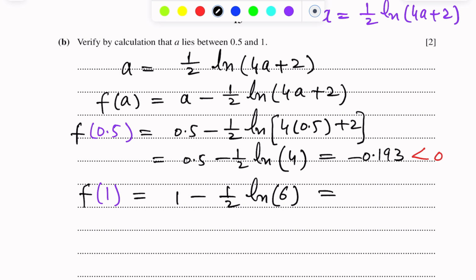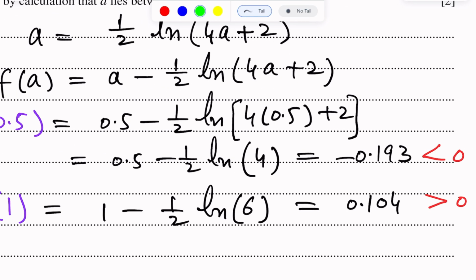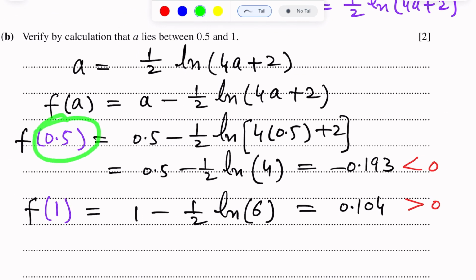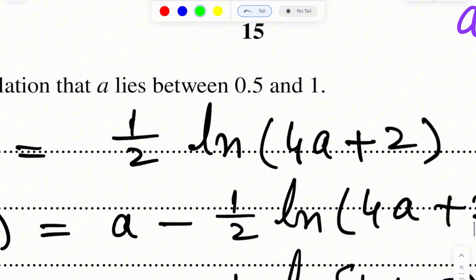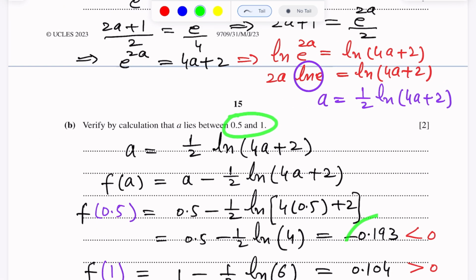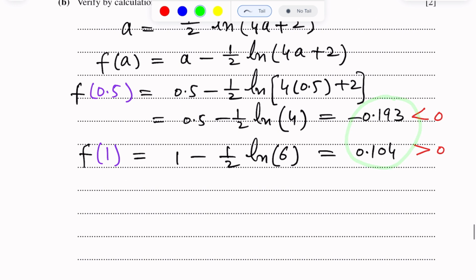After calculation, we get 0.104, and clearly this is positive. These opposite signs, f of 0.5 gives a negative value and f of 1 gives a positive value, show that the root lies between 0.5 and 1. This is verified.